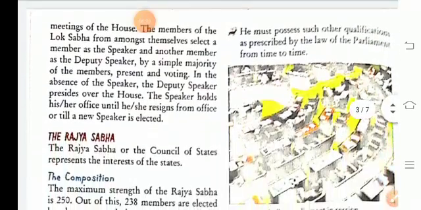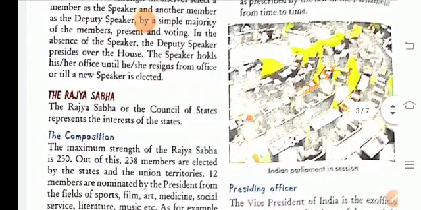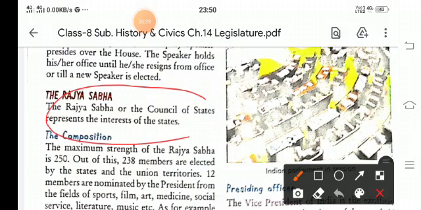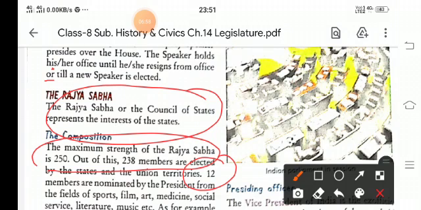Now we will read about the Rajya Sabha. You can say it is a council of states. Here 250 members of Rajya Sabha are elected, out of which 238 are elected through the states or union territories assemblies, and 12 are those who are prominent in their fields, like a cine artist, a prominent cricketer, sportsman, writer, actor.